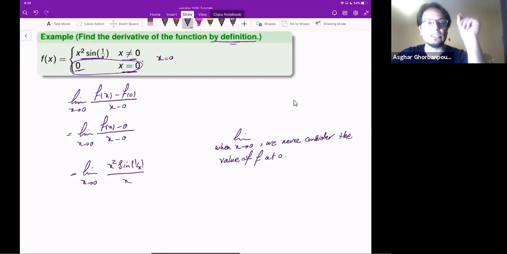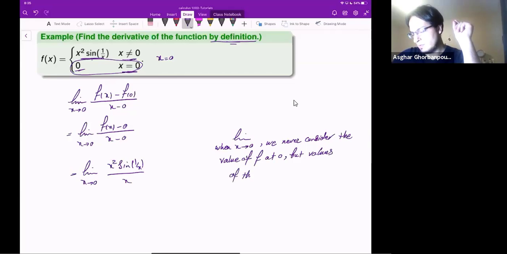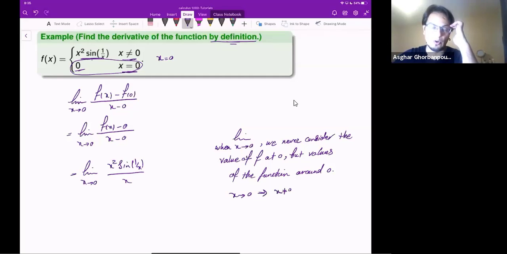We only consider the values of the function around 0. It means that when x is approaching 0, it will be a number which is definitely not 0. It will be very close, approaching 0, but never will be 0. That's why when you're trying to find the limit, I can look at this formula and say, okay, for all values of x which is not 0, the function is given by this formula, and that's what we have.